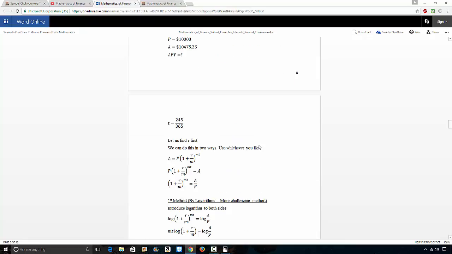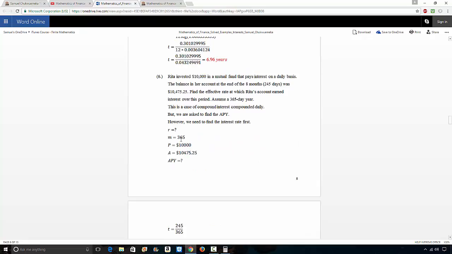Question 6, look at question 6. Rita invested $10,000 in a mutual fund that pays interest on a daily basis. The balance in her account at the end of 8 months, they want you to use 245 days, was $10,475.25.